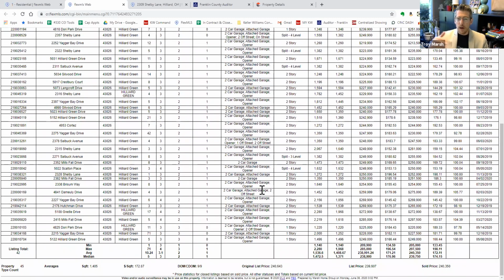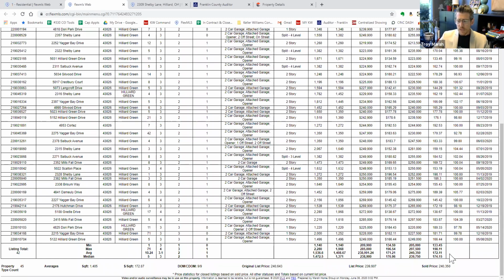The other reason why I would print this off is because there's some really valuable data in here. The biggest two pieces of information that I want from this document, which aren't really valid when you get down into the 3 to 7 comparable range, are the average and median days on market, and also the average price per square foot.